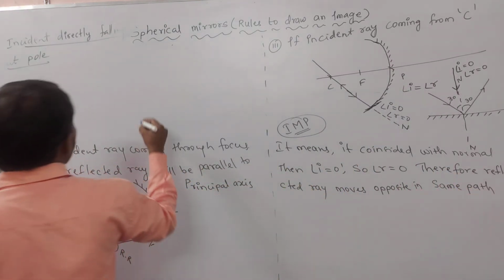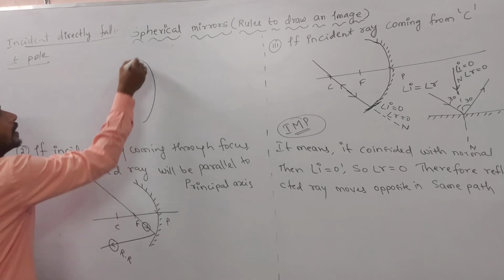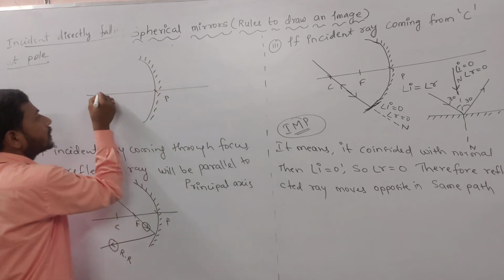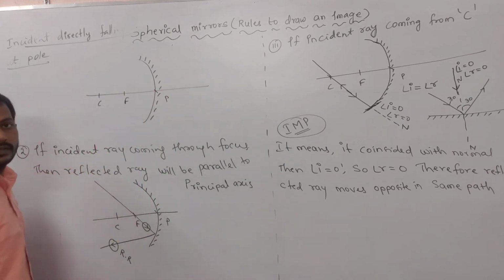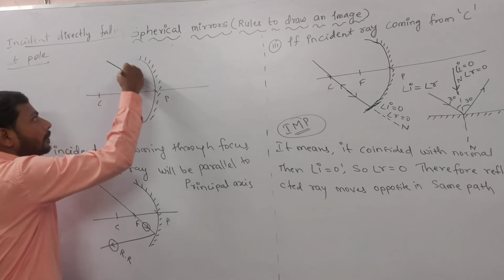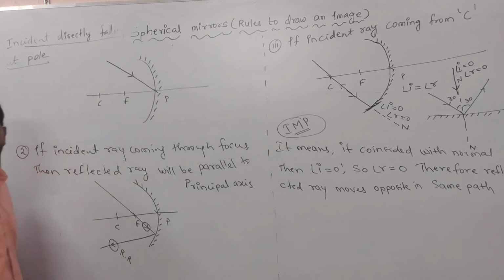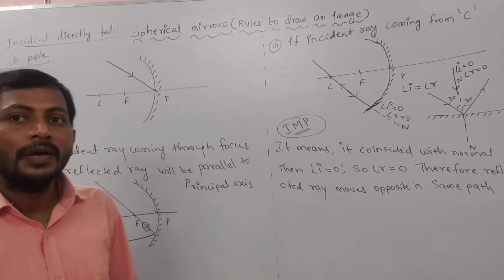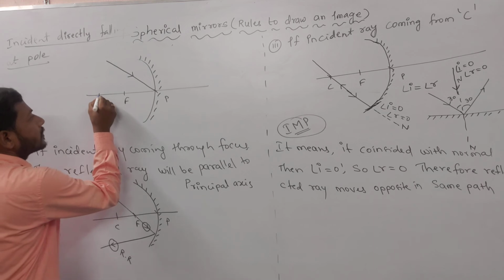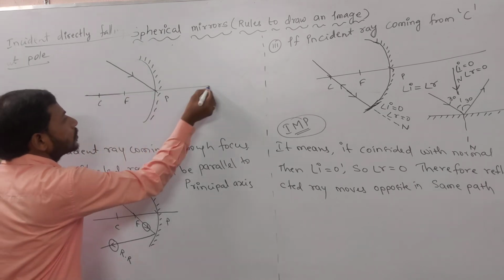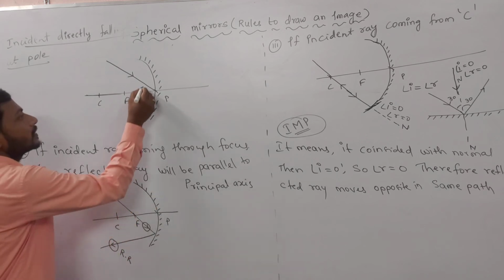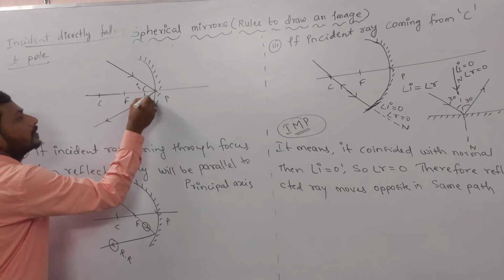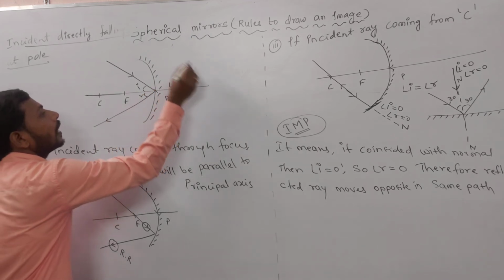I am going to draw the diagram like this. This is the spherical surface, this is the pole, this is the center of curvature, this is the focus. If the incident ray is coming like this, is there any need to draw the normal? No sir, because the radius C to P, the principal axis, is nothing but the normal. Then this angle is what? I. Then this ray is the reflected ray. This is R, angle I equals angle R.